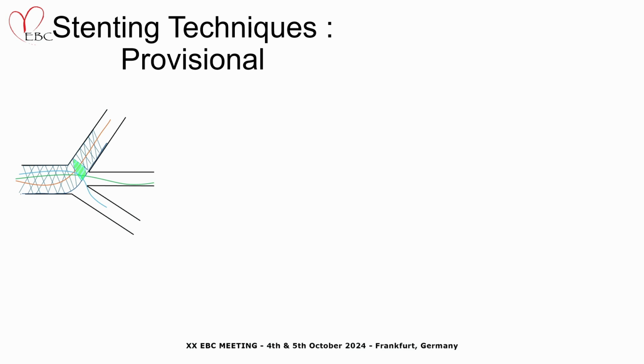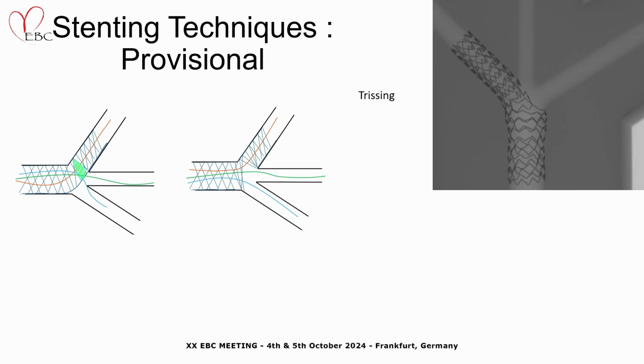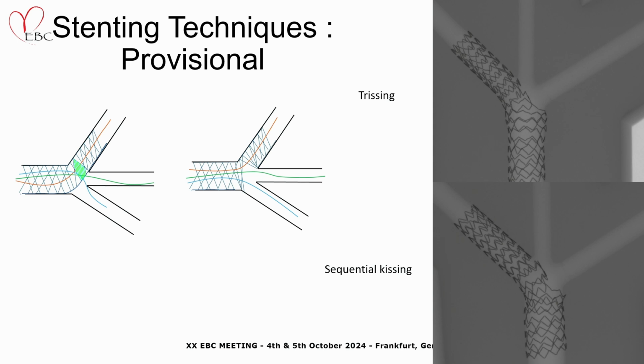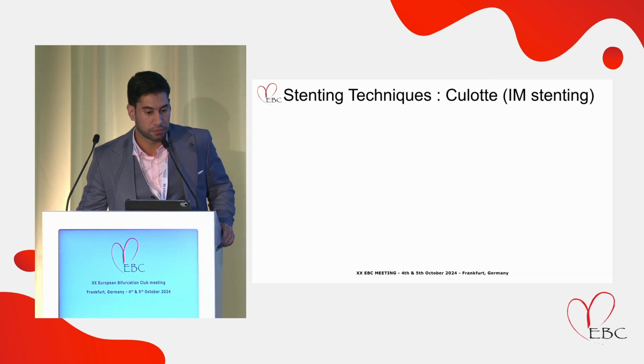Now we go to rewiring through the same cell. Here we can see that when we perform the tracing, there is less scaffolding of the carina between the intermediate and the circ, and the sequential kissing performed more stent deformation.